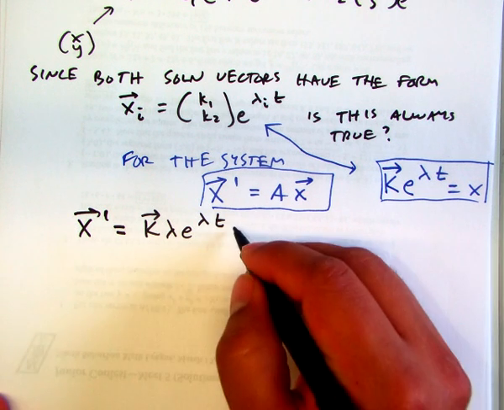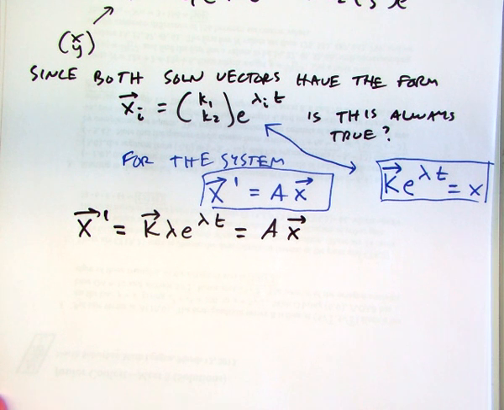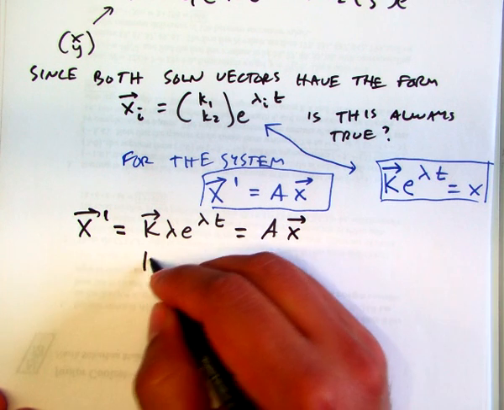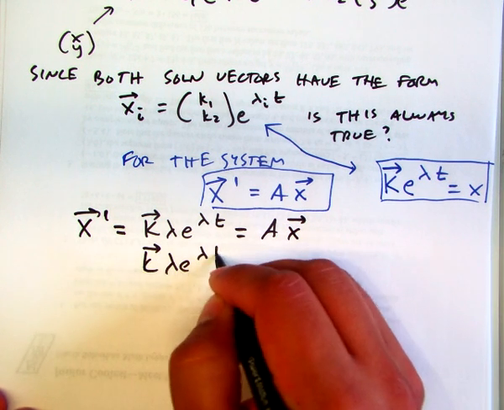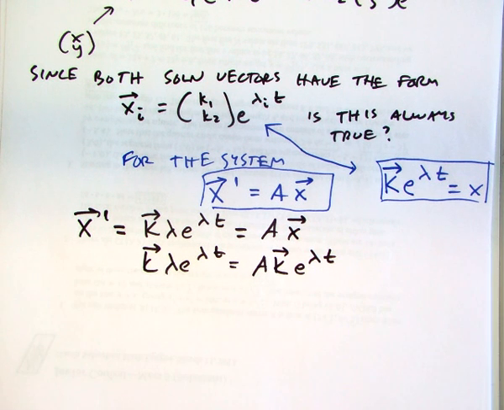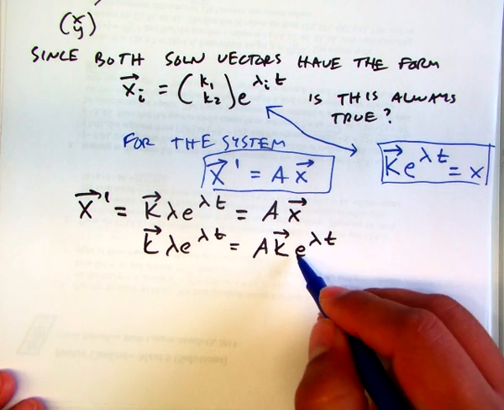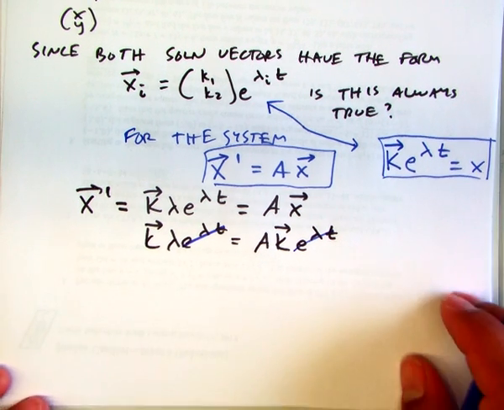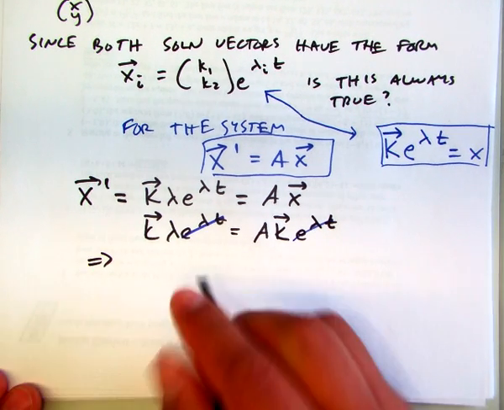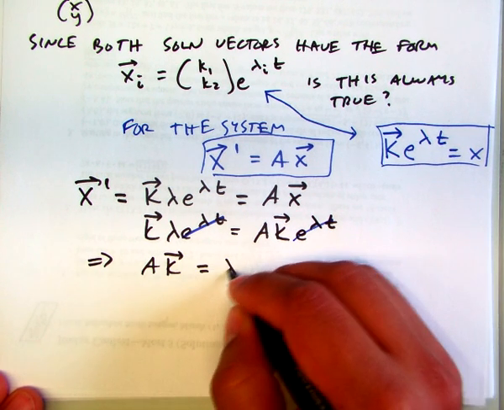And now this has to equal A times the original column vector x, which is the same as A times k e^(lambda t). So now if we cross out the exponentials on both sides, we get that Ak has to equal lambda k.